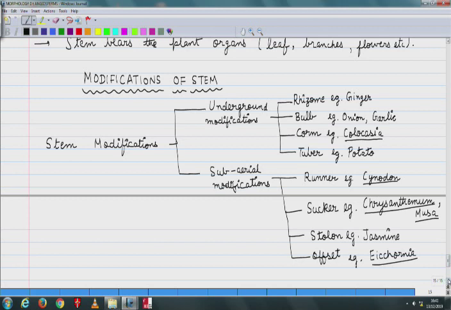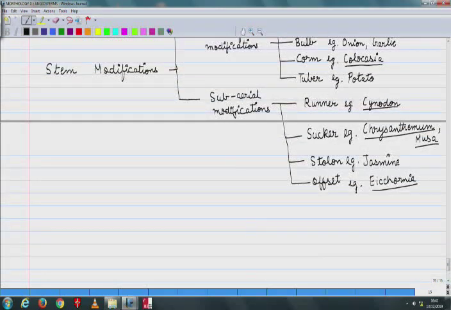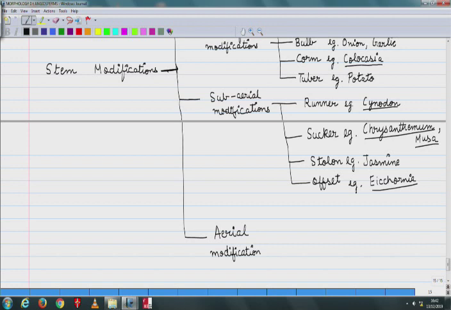Then there is aerial modification. Aerial modification means those modifications which are totally suspended in aerial condition.